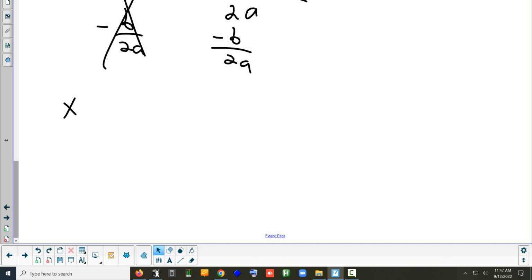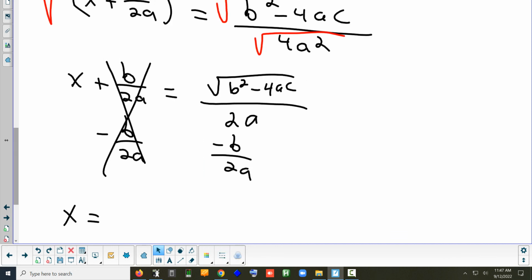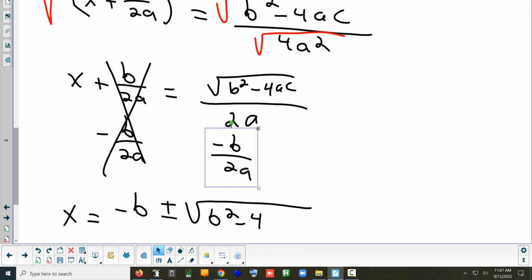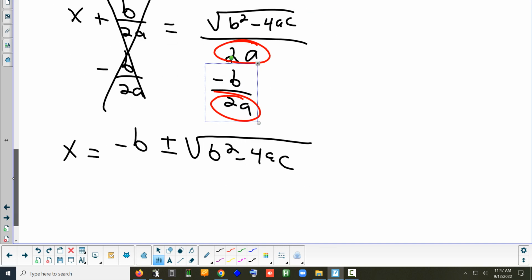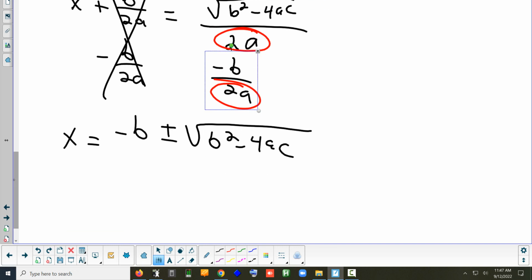So we have x equals negative b. Because it's a square root, we really need to do plus or minus the square root of b squared minus 4ac, and this denominator and this denominator are the same, so we can put it all over 2a.